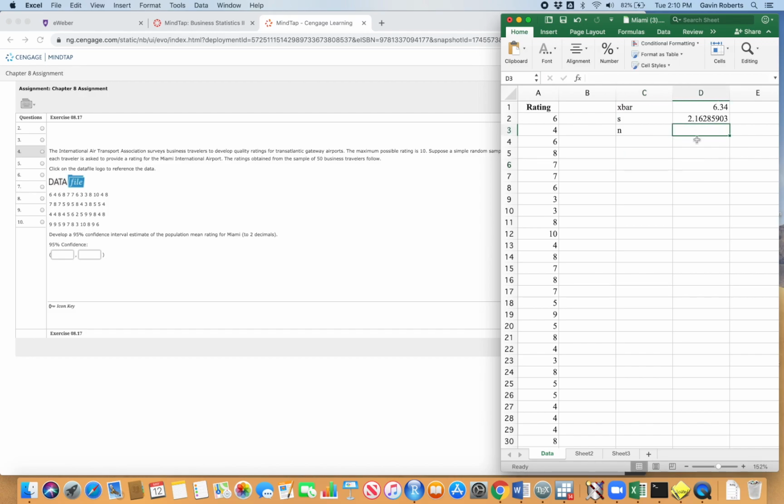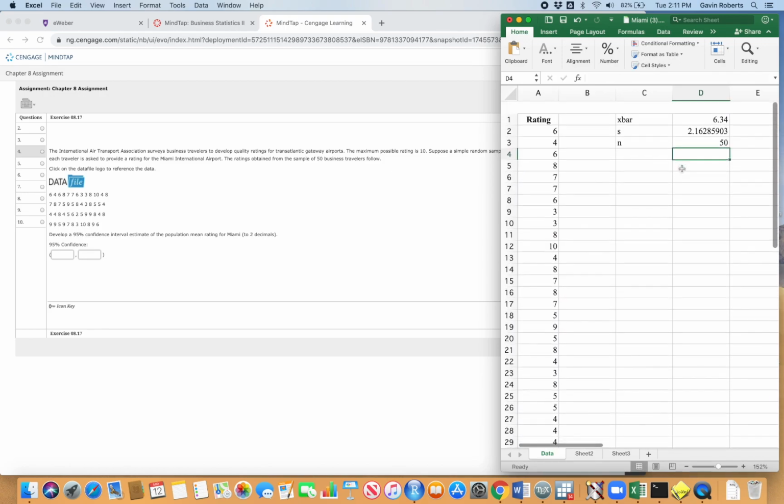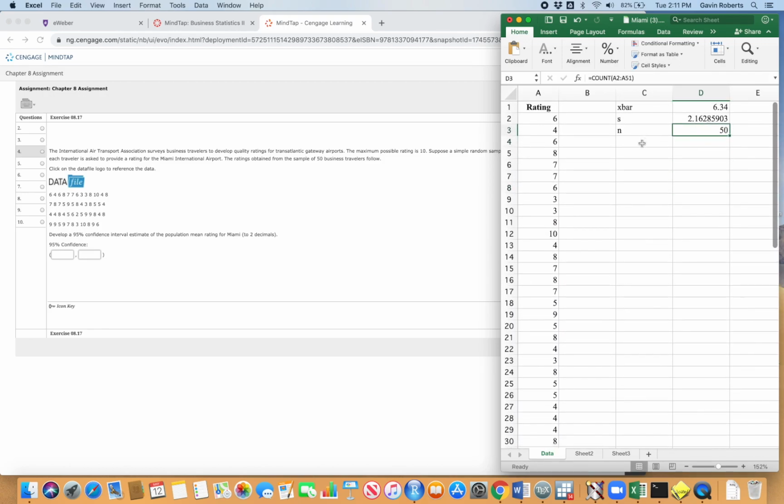And let's see if they were lying about the sample size. No, they weren't. SE. What's the standard error? The standard error, if we don't know the population standard deviation, is the sample standard deviation divided by square root n. There it is.